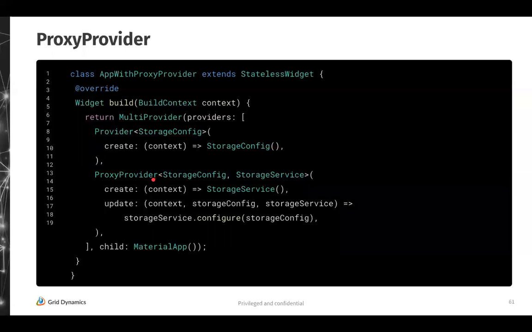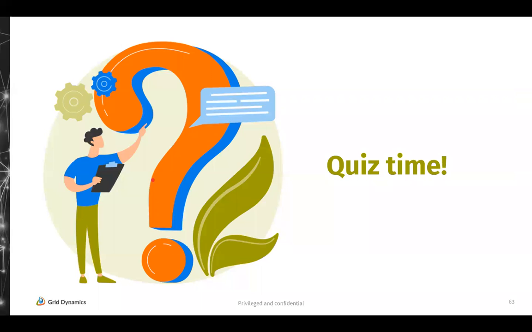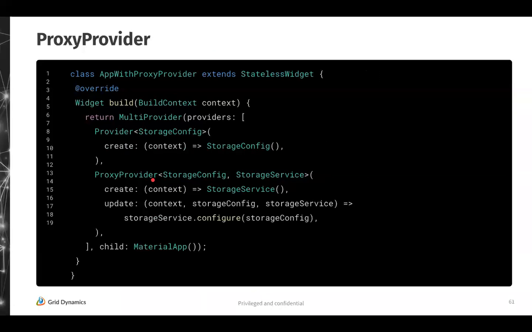It accepts two methods. First one is create, which is responsible for the initial instantiation of the service we are trying to build. As you can see here, usually we place here just a constructor call for our storage service.